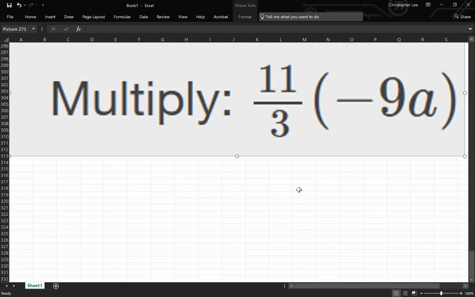Do you have a preference of which method, to cross it or just multiply straight across? What did you get for this? 33. Okay.